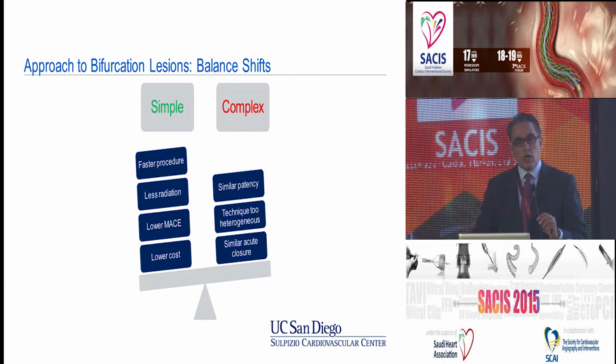So based on these two large randomized trials, I think what I can say with confidence is this balance between the simple or single stent approach against the complex or two-stent approach is clearly shifted in favor of the single stent approach. It's a faster procedure, less radiation, lower MACE rates when you take into account peri-procedural MI, and lower cost.